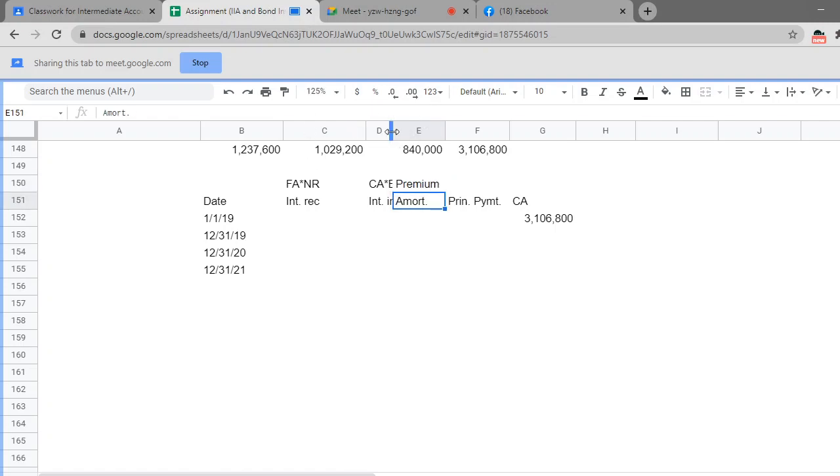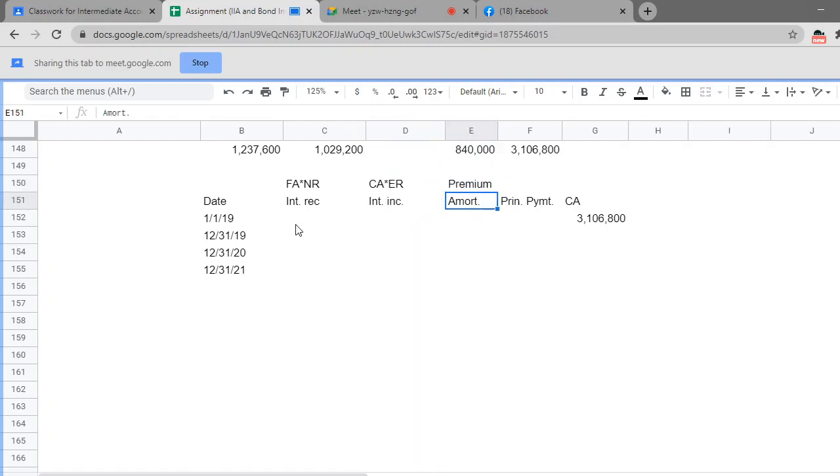All right. Our interest would be for year 1, na-compute na to ganina, that was 360. For year 2, that was 240 and 120 for the last year. However, ang atoang interest income will be carrying amount times effective rate na 10%, and the premium amortization will be the difference between the two, and that is 49,320 for year 1.